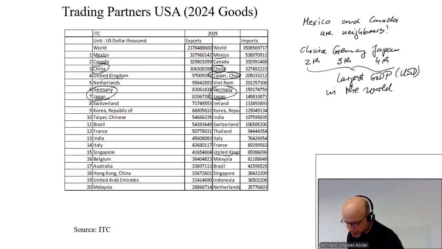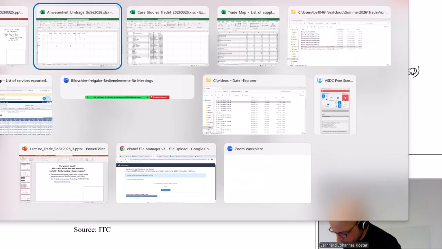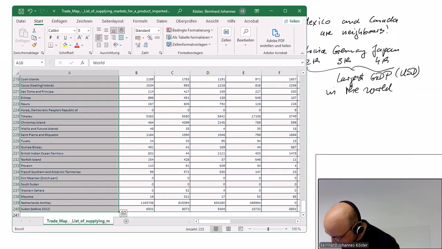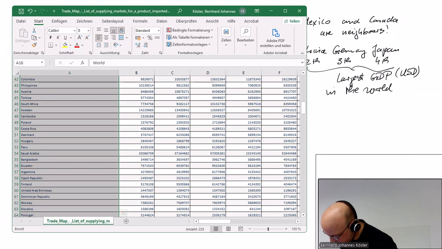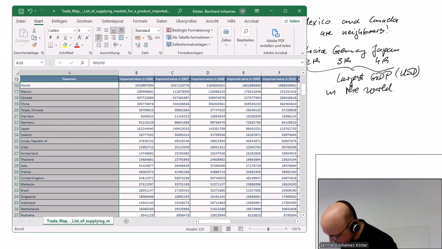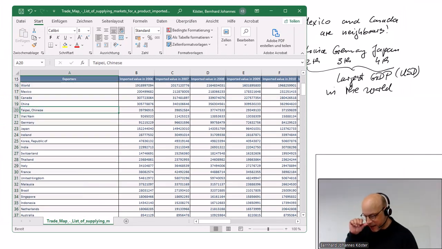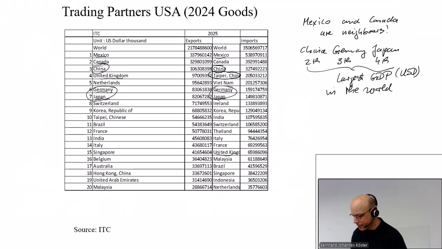There you see Taipei, China. Let's go into the trade map because I have not copied it, so that we can, yeah, here. The name Taipei Chinese, which country is it? This is Taiwan, yes.